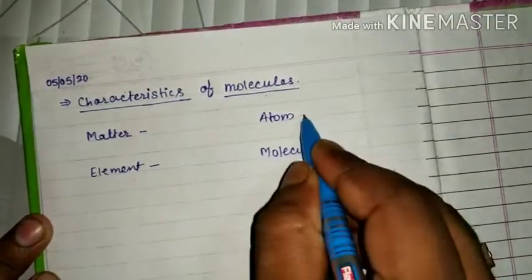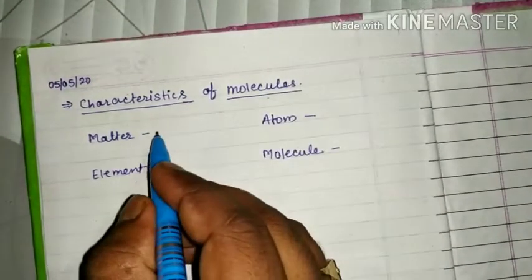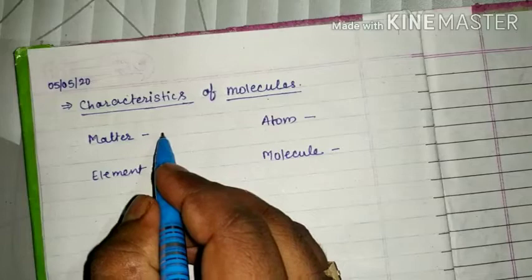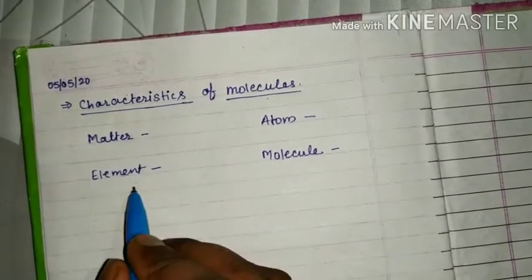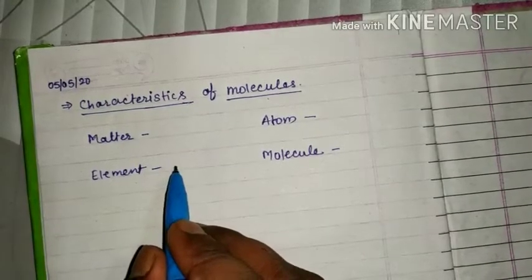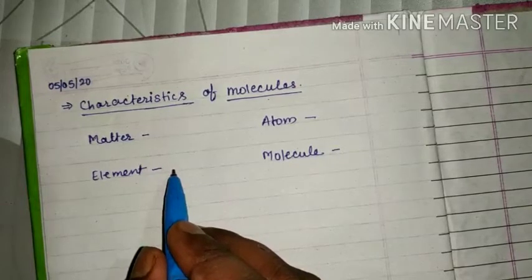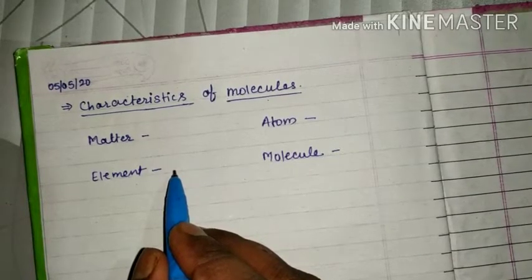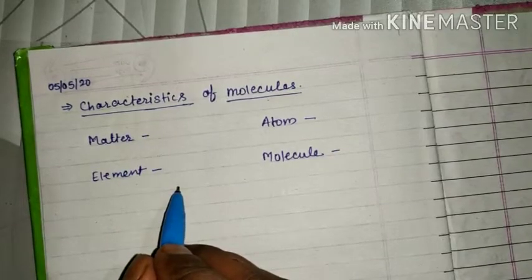Matter, that means anything that has mass and occupies space, is called matter. An element is a substance which cannot be subdivided into two or more simpler substances by any physical or chemical means.